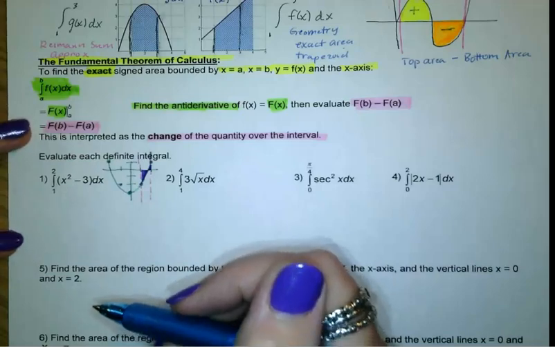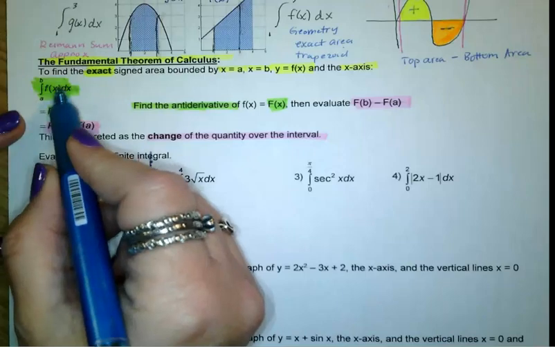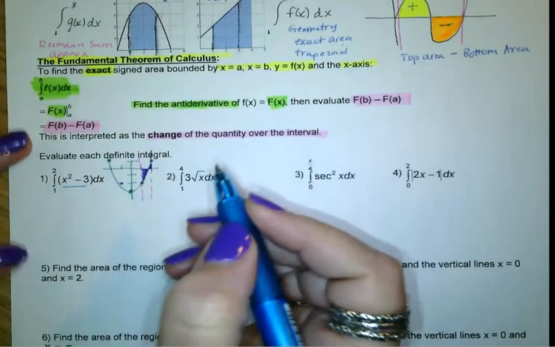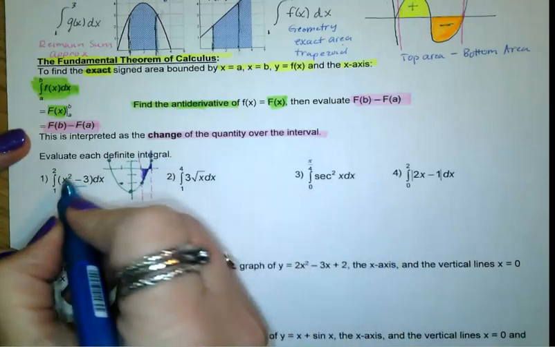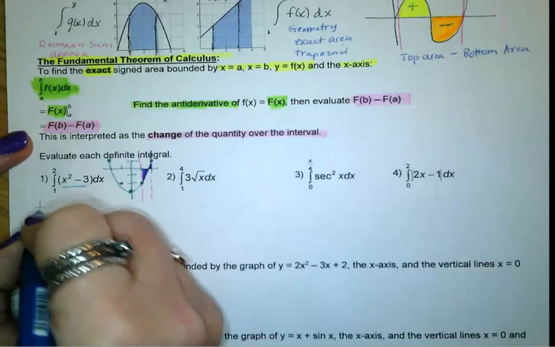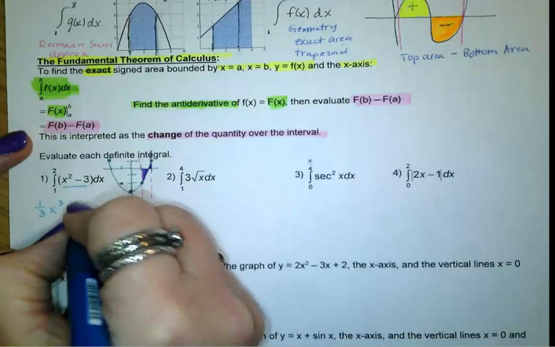And so how we do this, the first part is finding the antiderivative, right? So we're going to find the antiderivative of the function. So here's my function. When I take the antiderivative, I'm going to add 1 to the 2, and that becomes a 3. So I'm going to have 1/3 x cubed minus 3x.